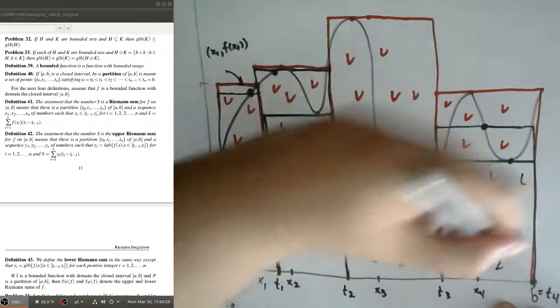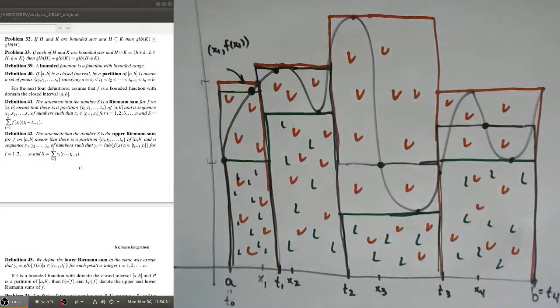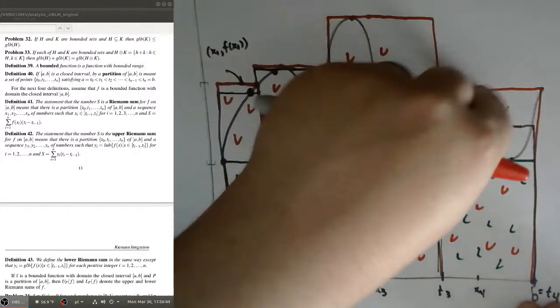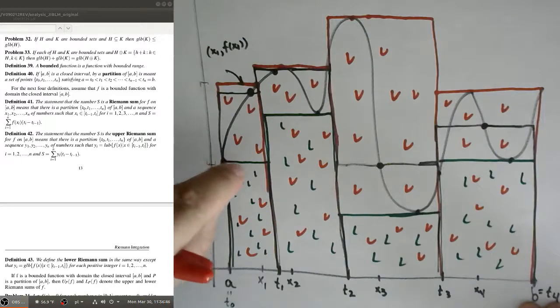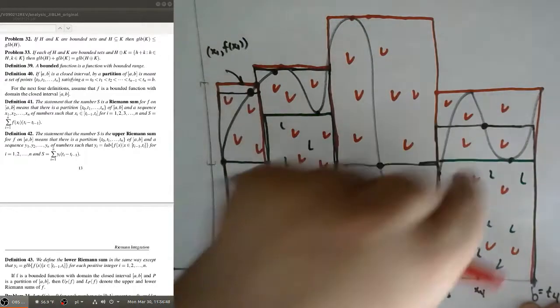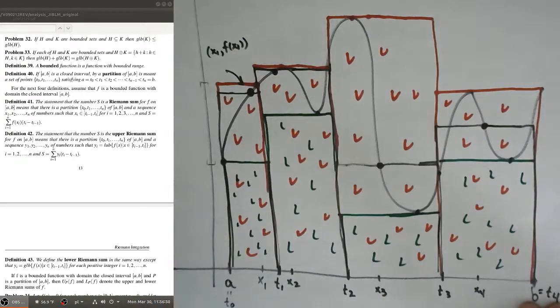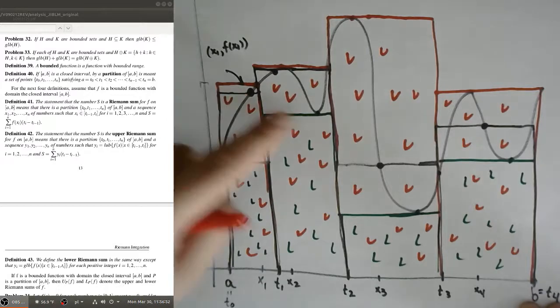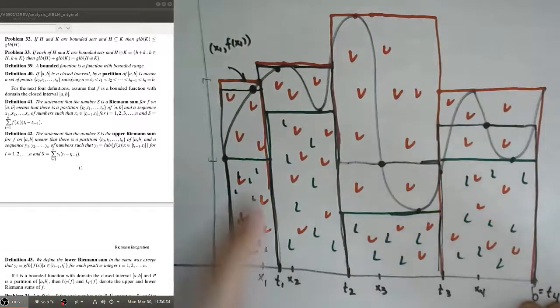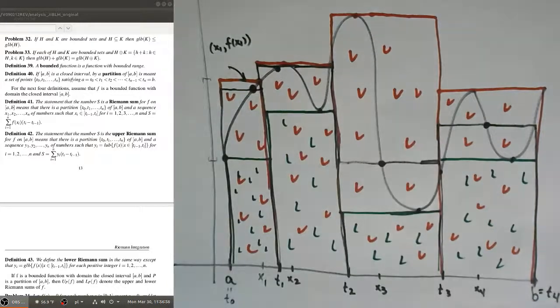The red is the upper Riemann sum, the green is the lower, and the black is just a regular Riemann sum in between somewhere. You can see that the area under the red rectangles is strictly bigger than the area below the green rectangles, and the area under the black rectangles is in between in some way. So that's what we mean by Riemann sums.